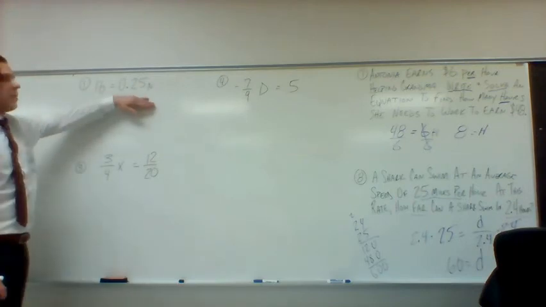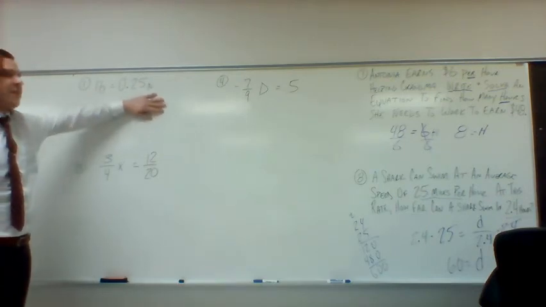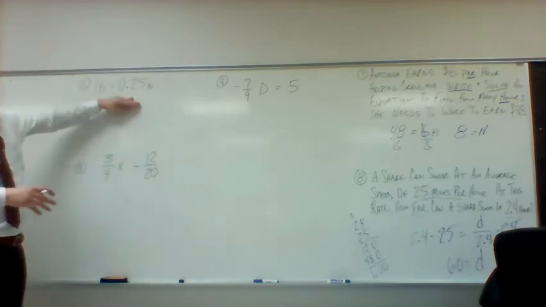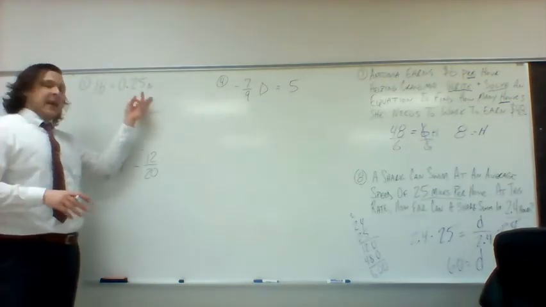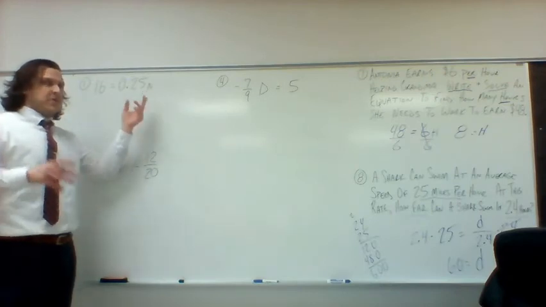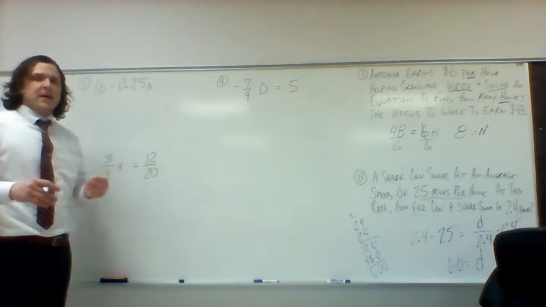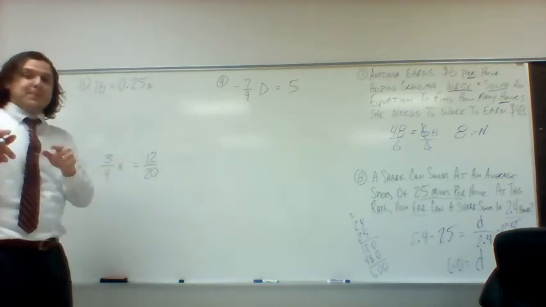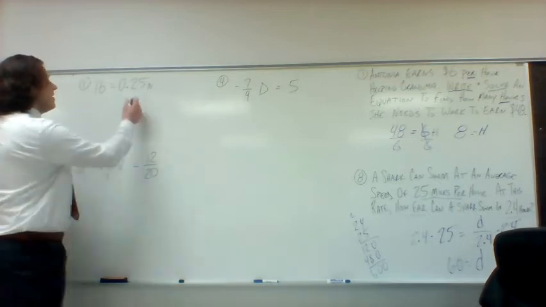So when we look up here, we look at this fraction, 0.25, what is currently going on? What's happening between this 0.25 and the n? Well, they're being timesed, right? When we see a number and a variable bunched up like that, they're being multiplied. So the opposite of that is to divide.